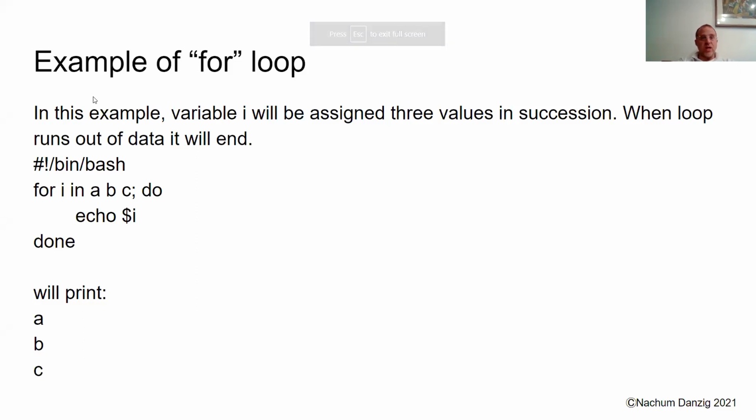When the loop runs out of data, it will end. So the values that I'm giving I are the characters A and B and C. That's 3 values. So I'm doing a for I in loop. For I in A B C, do echo $I, because we define it, we assign it here, the values. It's going to be assigned 3 successive values, but not simultaneously, one after the other. And then we echo the $I, done indicates the end of our loop. So this will print A B C.